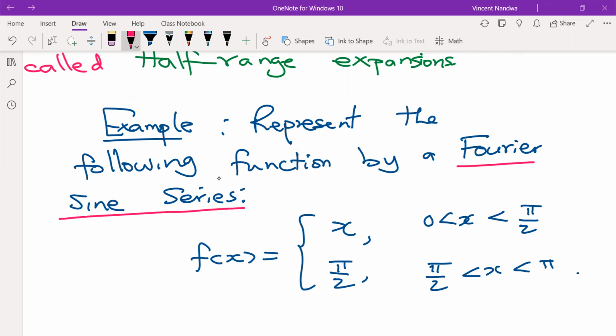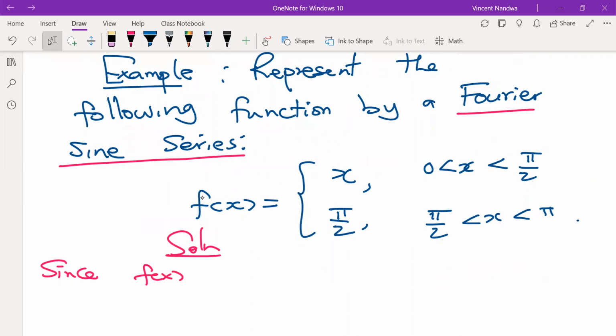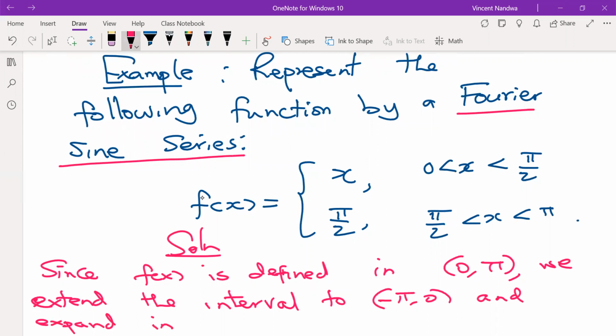And so from that, since f of x is defined in the interval 0 to pi, we extend the interval and expand in an odd manner.